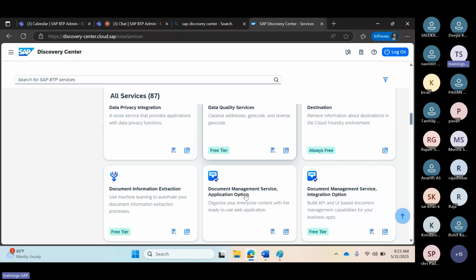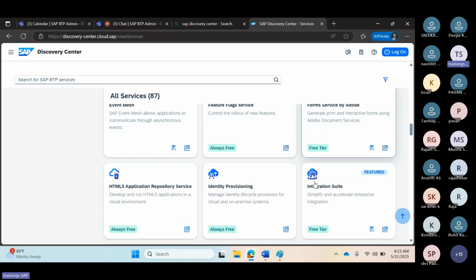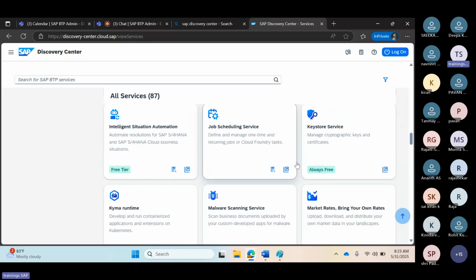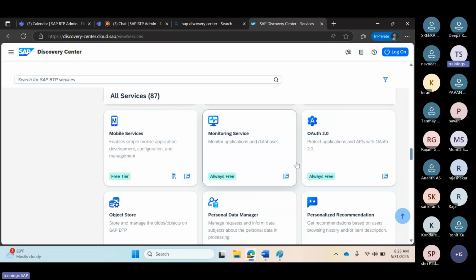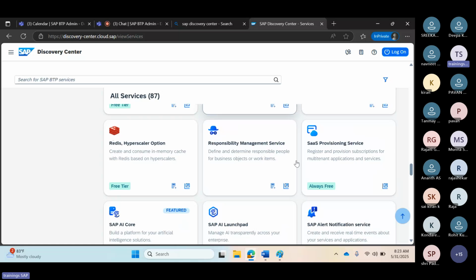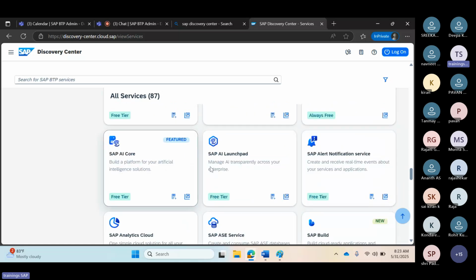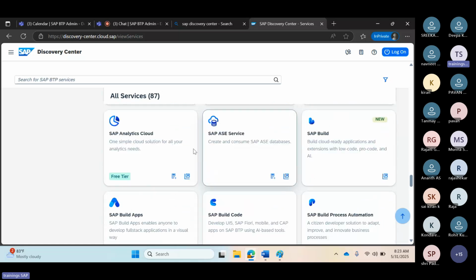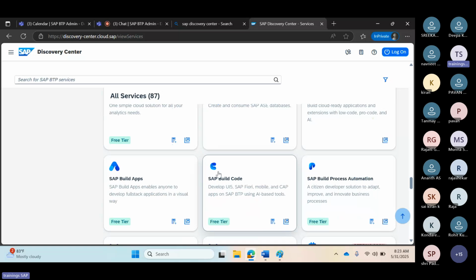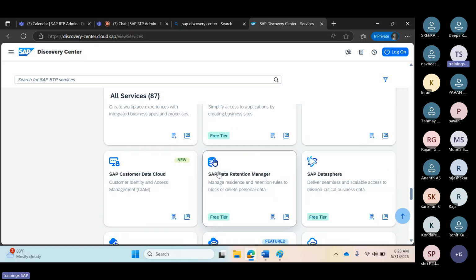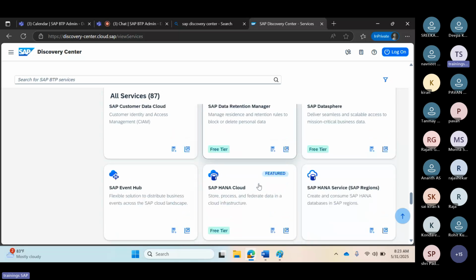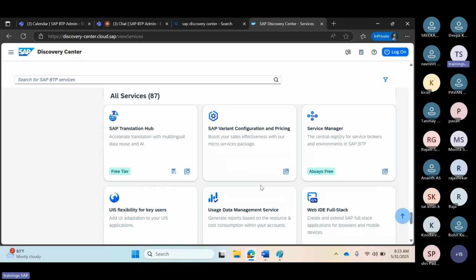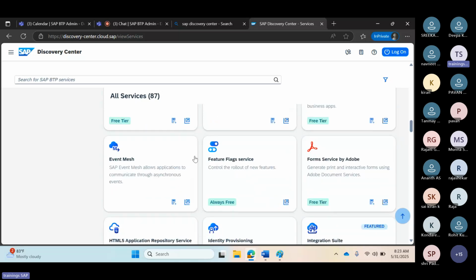ADS service, Event Mesh, Integration Suite, Print service, AI related services, Build services, Analytics Cloud. SAP introduced 2 databases here: one is Sybase and the second is SAP HANA Cloud DataSphere.